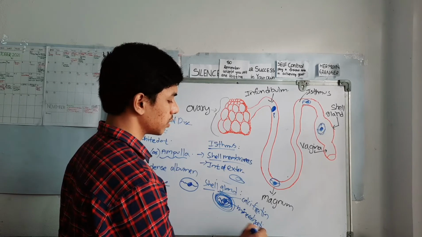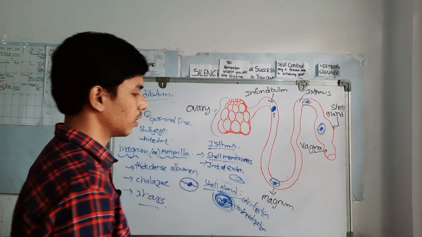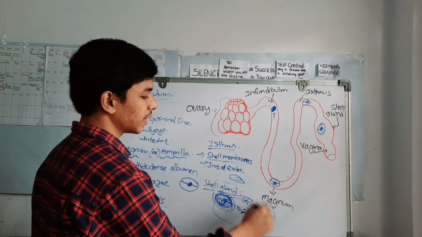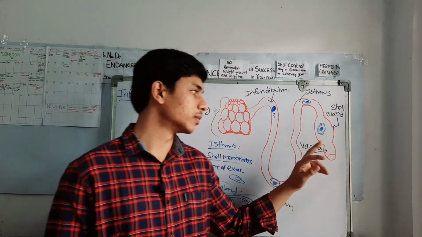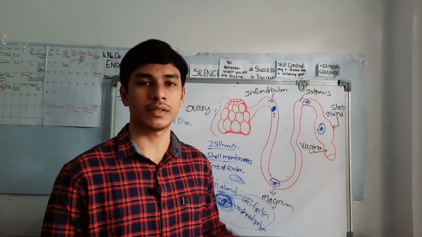Calcification and mineralization happen in the shell gland. Now the complete egg is formed. Now the egg reaches the vagina.